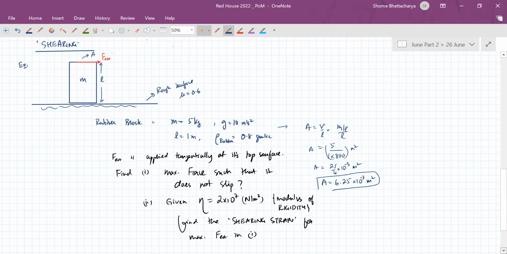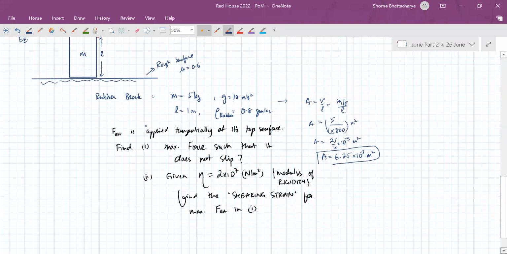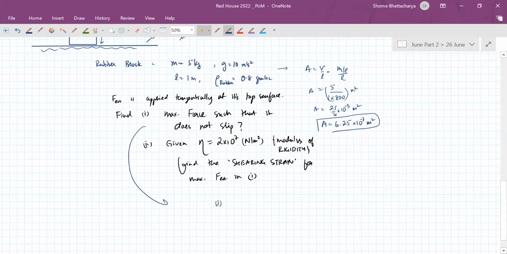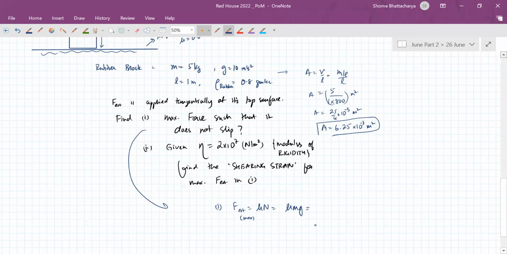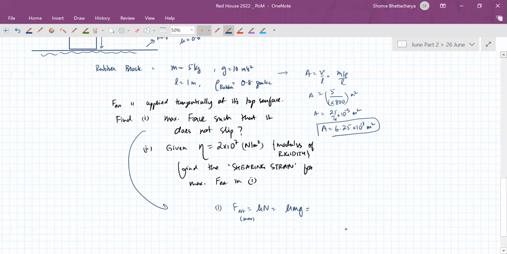Mechanics wise, you can understand the first part's answer. The maximum force so that it does not slip is equal to the limiting friction. So mu was given to us as 0.6. So this will become 30 newtons.